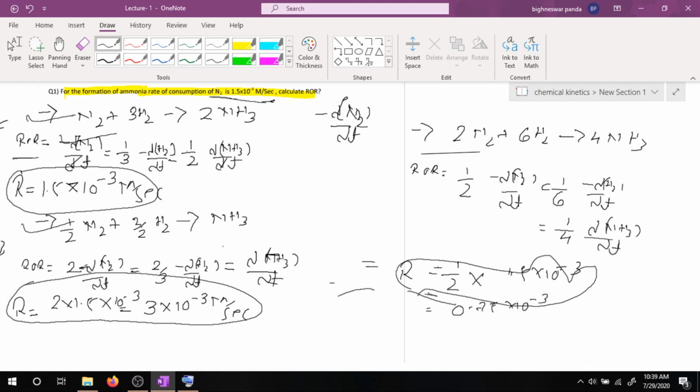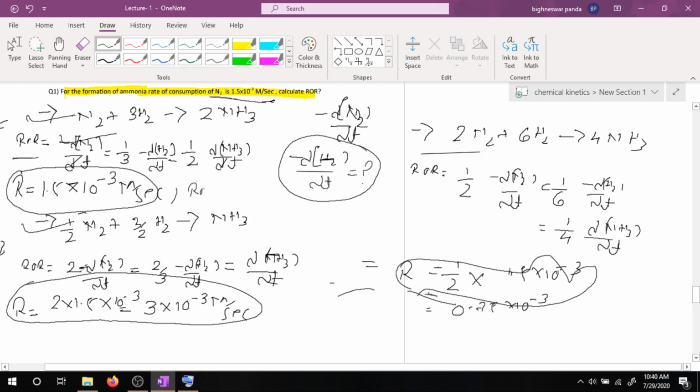Let us calculate the rate of dH2 by dt in all cases. Let us check. Here I can write that the rate of reaction is equal to 1 by 3 of minus dH2 by dt.